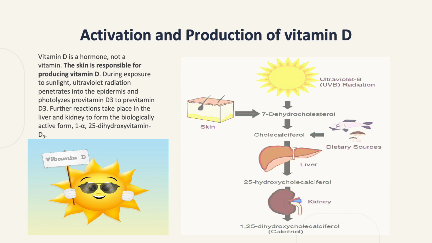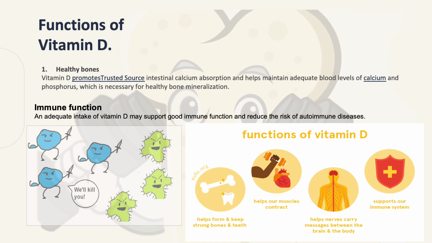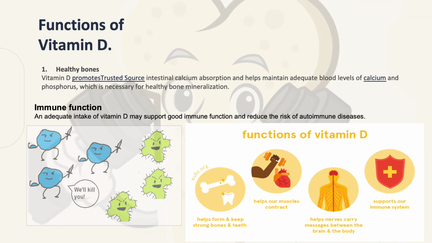So, kidney disease patients have a lack of vitamin D because their kidneys are unable to convert the inactive vitamin D into activated vitamin D. So now the vitamin is produced from our skin and activated from our kidney.